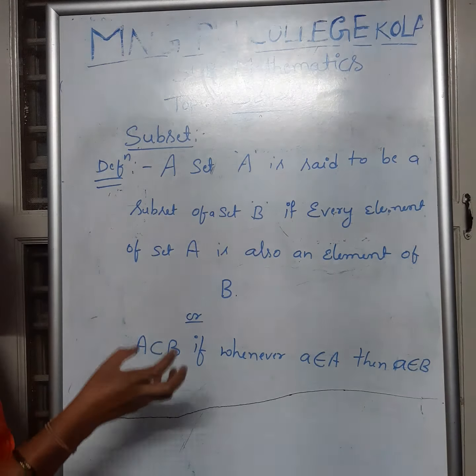In general, for example, in one college, our college is MNG PU college, there are commerce, science and arts. If in the whole college we take first PUC science students, in the batch of first PUC students we take only first PUC science students.